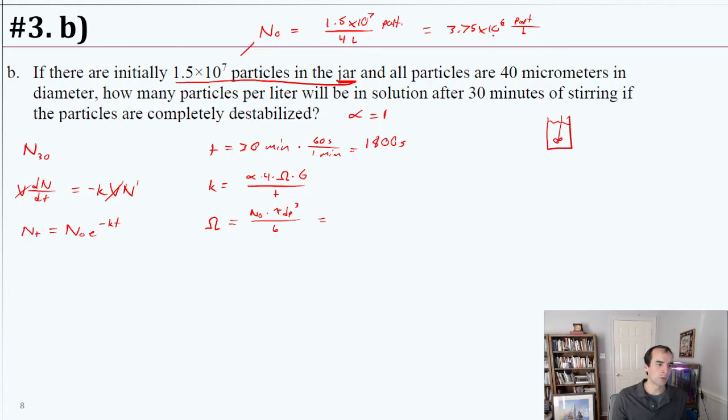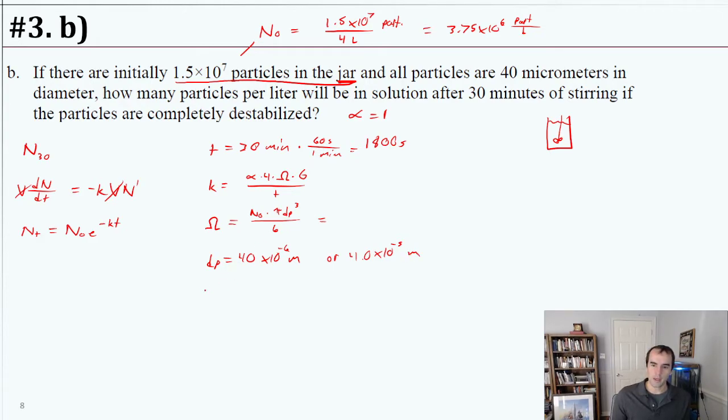The other thing we may want to do up front is convert that from particles per liter into particles per cubic meter, because we're going to have this diameter of the particle in a meters unit. So diameter of the particle was 40 micrometers, which is 40 times 10 to the minus 6 meters, or 4.0 times 10 to the minus 5th, right? Same thing.